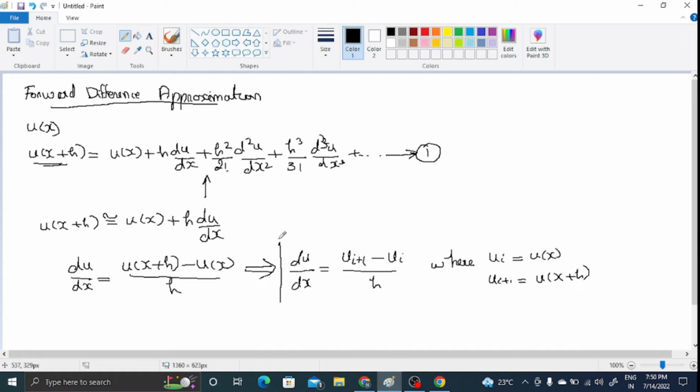So this is nothing but the forward difference approximation of du by dx.